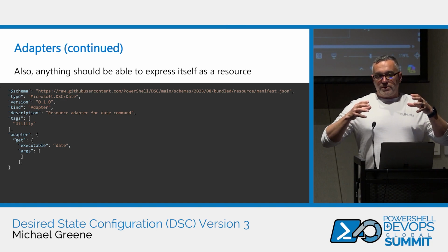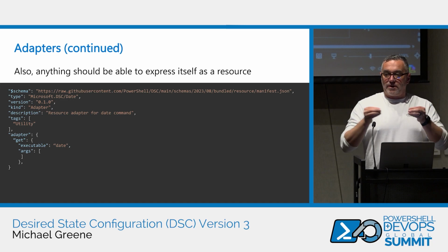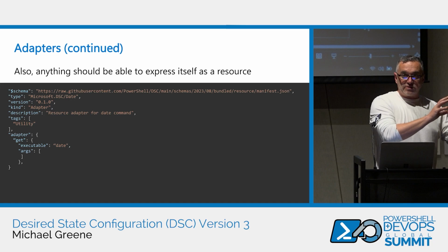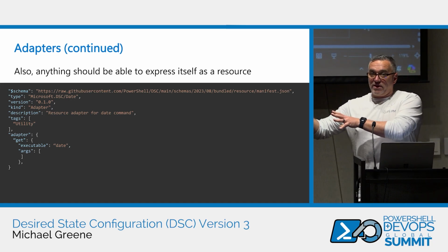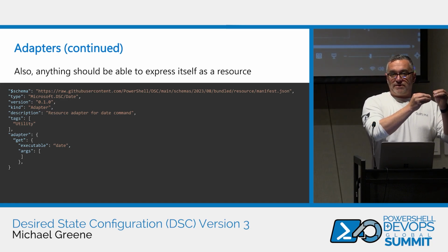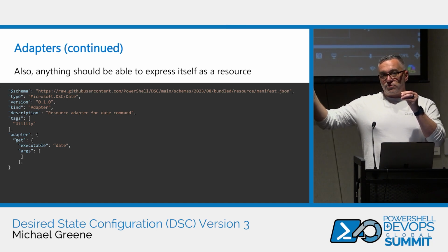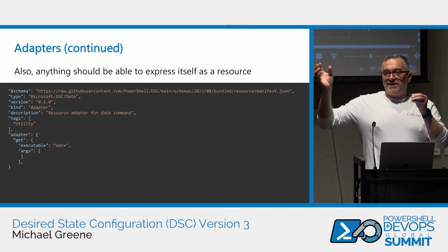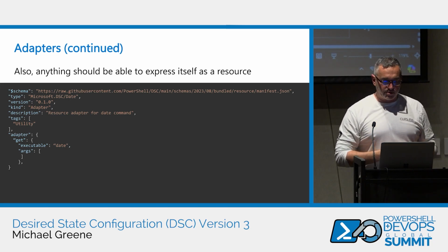Well, in DSC v3, because it's not running a PowerShell cmdlet where you can pass objects down the pipeline, we needed a way to standardize input-output between the dsc.exe executable, which is written in Rust, and everything else in the world. So we just standardized on JSON. It's receiving JSON as input to DSC that gets fed into the parameters of the resource, and the resource feeds JSON back out, which is great for PowerShell because PowerShell is awesome at working with JSON. DSC interprets it and knows how to handle the orchestration.